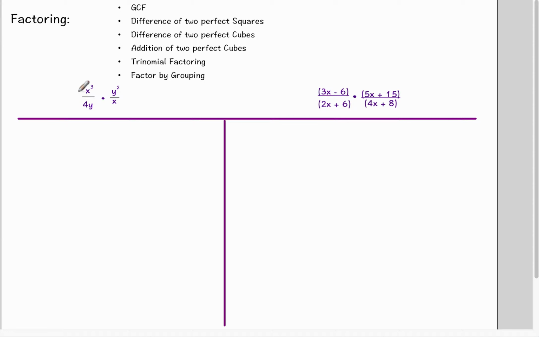So down below we have our rational expressions. We'll start off with the easy one. That's when you are just looking at monomials. So monomials can get broken down into their basic factors, just like we did on the first page.